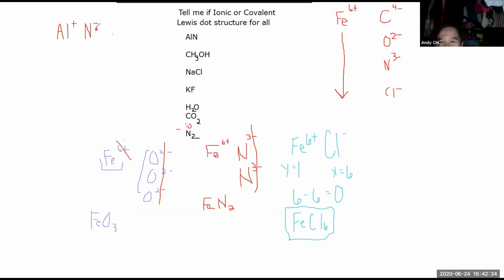Nitrogen 3 minus is going to have 8 electrons around it.